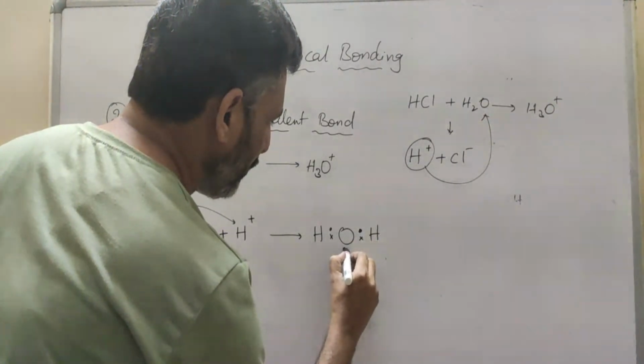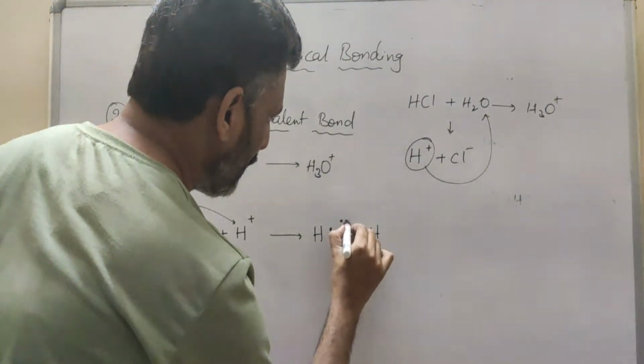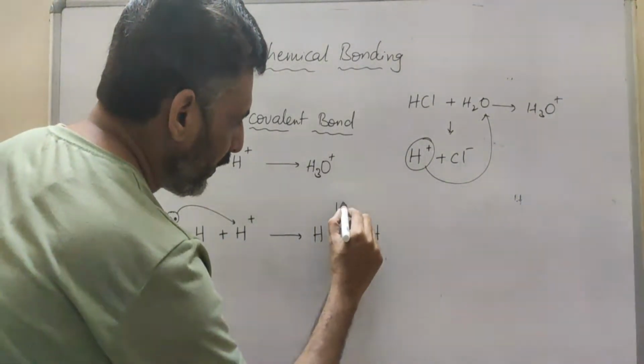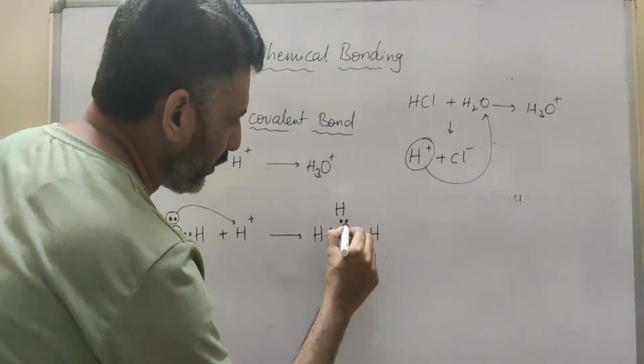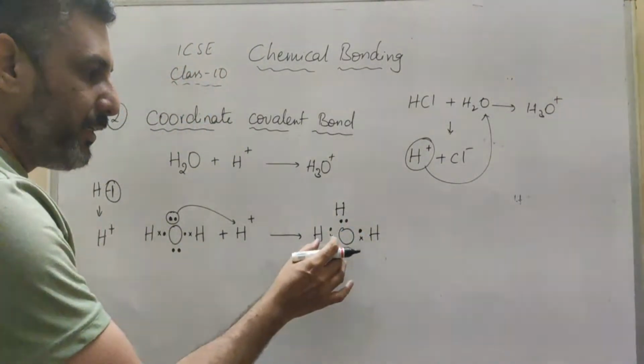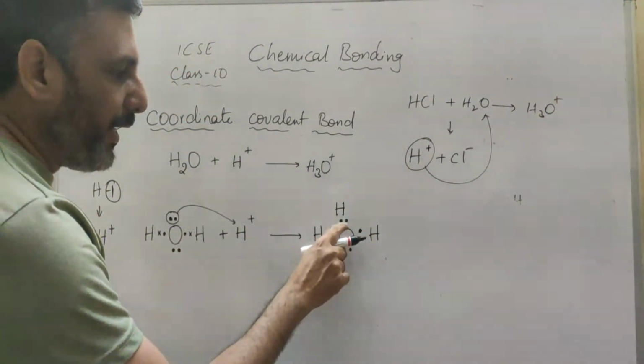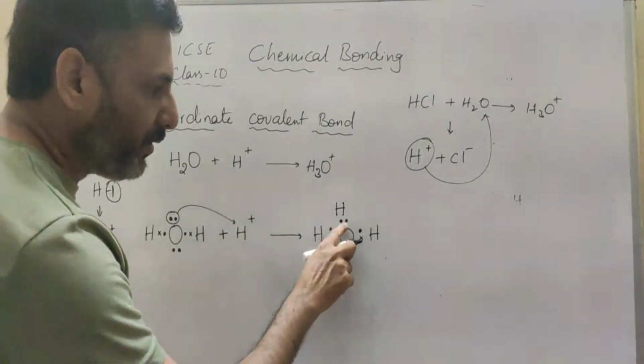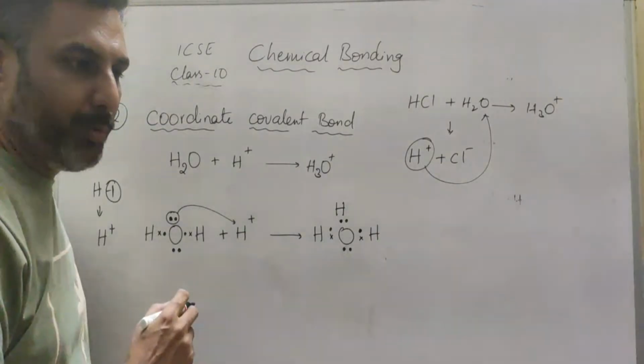So this is the actual molecule of water, and this H plus comes here and forms a covalent bond with this. It is a covalent bond, but where both electrons are coming from the same atom. That's why it is called coordinate covalent bond.